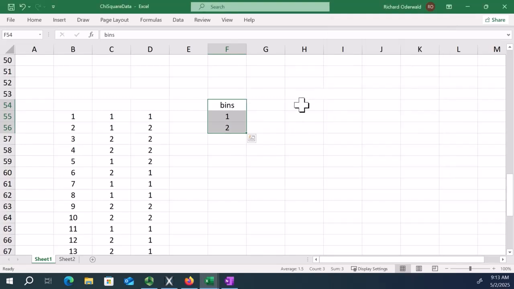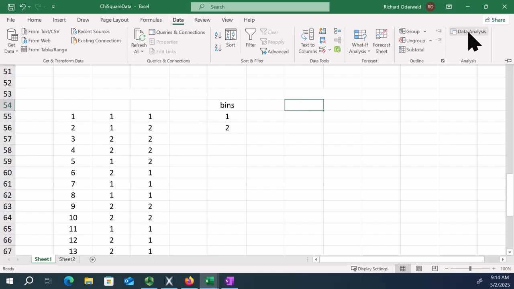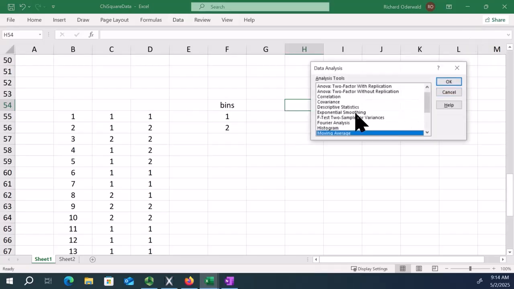Okay, so we got data analysis tool pack. Go to histogram on the data analysis tool pack. This is another way to make a frequency distribution.